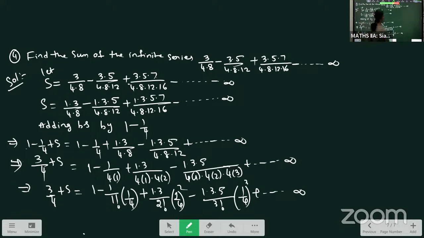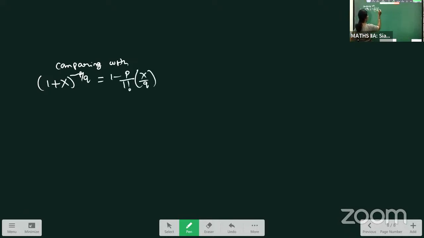Now it is an alternate series, so we compare with the formula for 1 plus x to the power minus p by q. The alternate series is equal to 1 minus p by 1 factorial into x by q, plus p into p plus q by 2 factorial into x by q whole squared, and so on.